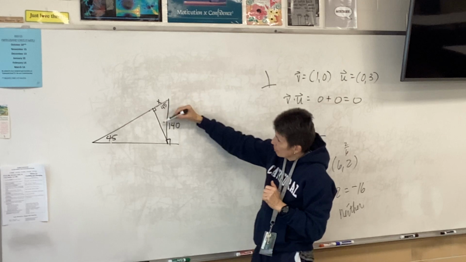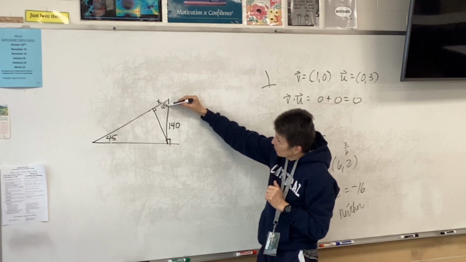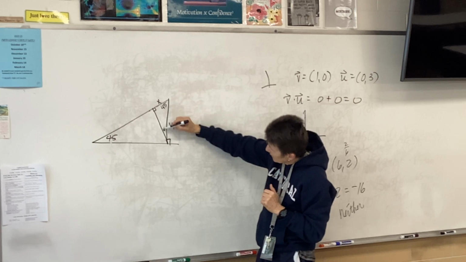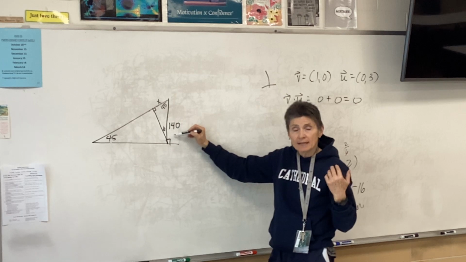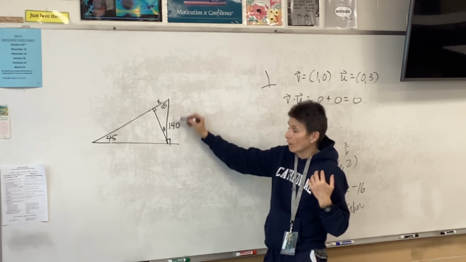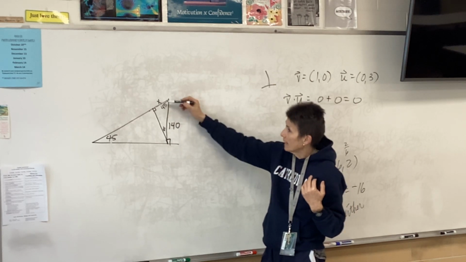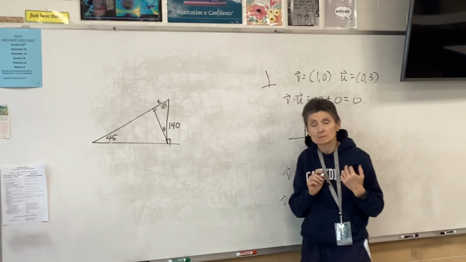Look at this little triangle here now. If that's 45, then this would be 45. I know the vertical pull of the sled and the kid is 140. I need to find that number right there.